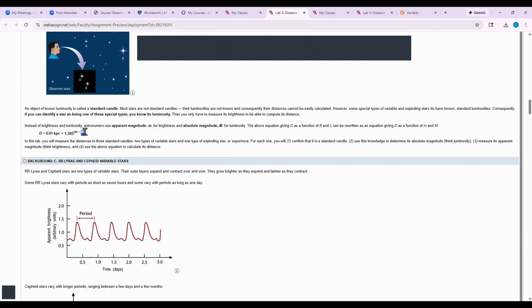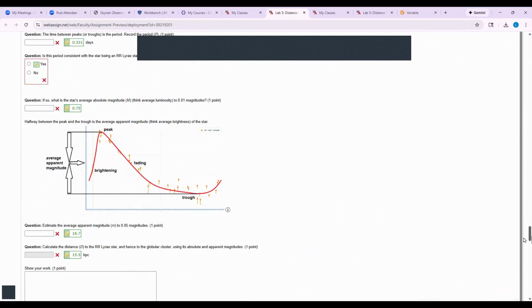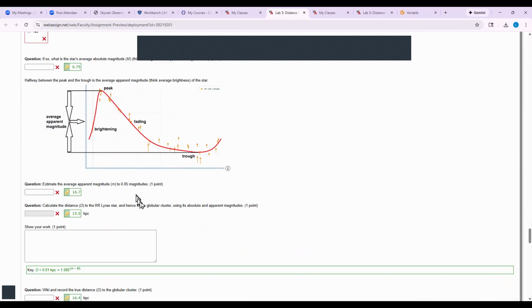Therefore, we know M for the RR Lyrae, and we calculate m from the distance between the top and bottom. And then based on that, we calculate D from this formula that is showing on the procedure on the web assign here.